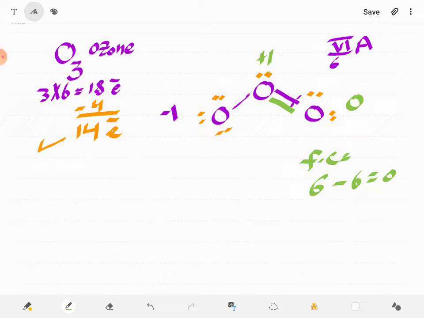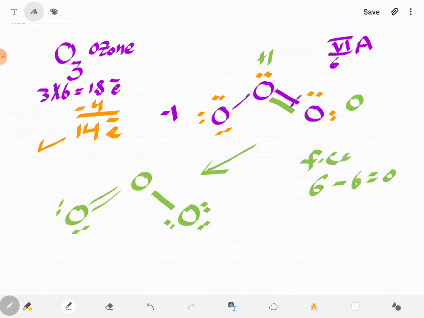And this one could be like this: oxygen, oxygen, oxygen. And here it will be like this: 1, 2, 3, 4, 1, 2, 3, 4, 5, 6. Okay. And this is positive 1 minus 1, 0.